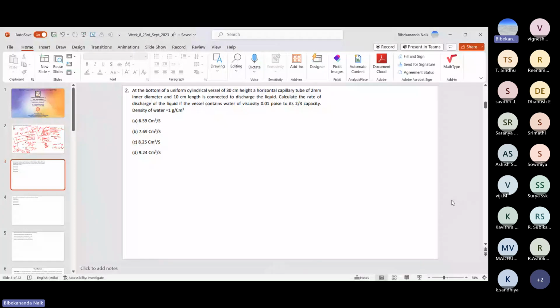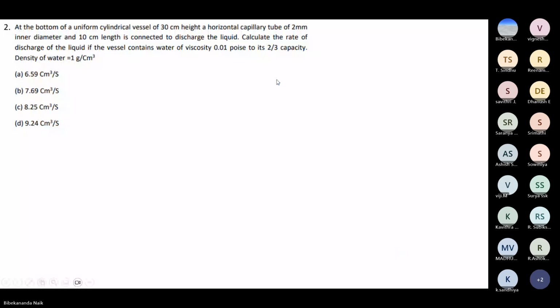Yes, anyone solved it? Can anyone tell me what the rate of discharge of the liquid will be?